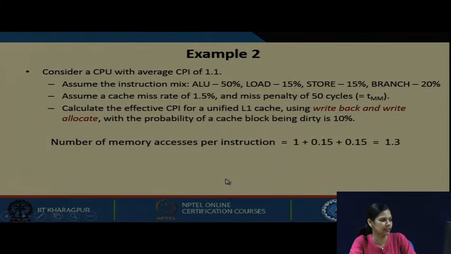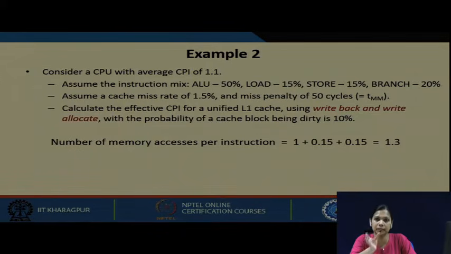So, now let us consider another example where we have similar kind of values, but now we have to calculate the effective CPI for a unified L1 cache using write back and write allocate. That means we will not be writing it through to the main memory always, rather we will be writing it into the cache memory with write allocate.